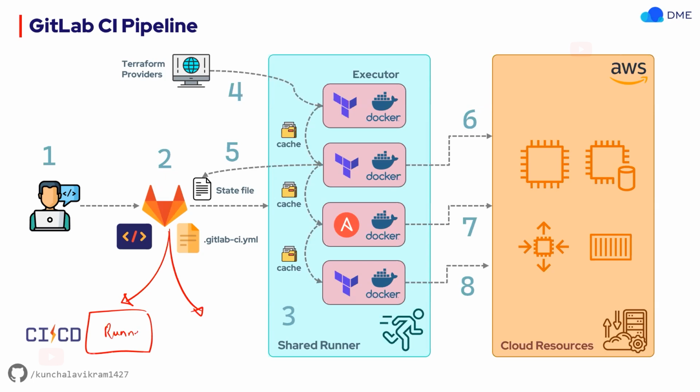It can be a local runner, or an EC2 instance or EKS cluster or anything, or else they'll provide a shared runner, which is shared across multiple projects and multiple pipelines. Within the shared runner, you can run your jobs. So there are various ways you can run your job.